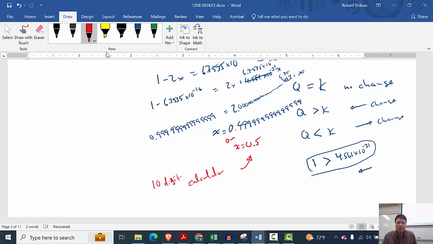So let's round this to 10 digits. So I got 1, 2, 3, 4, 5, 6, 7, 8, 9, 10. If I round this to 10 digits, your calculator can't carry that. And so it's going to drop the 9 and then round it up. It's going to round it to that number. And so we call this round off error.